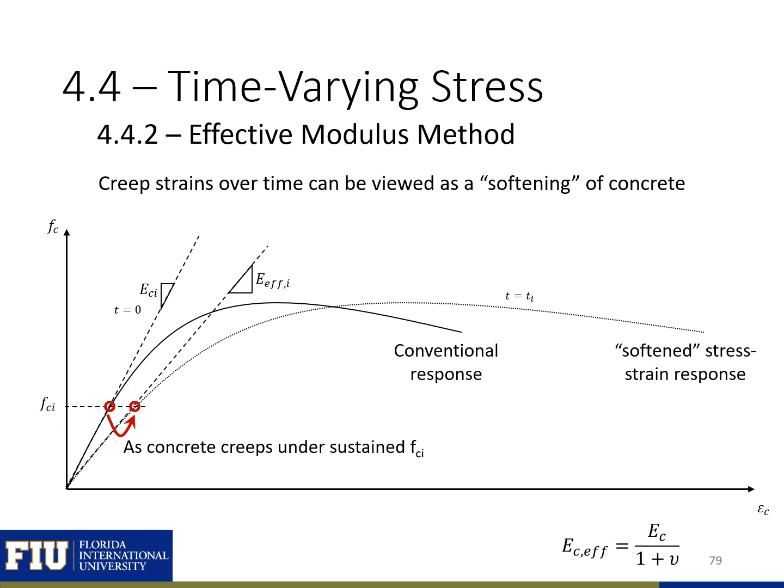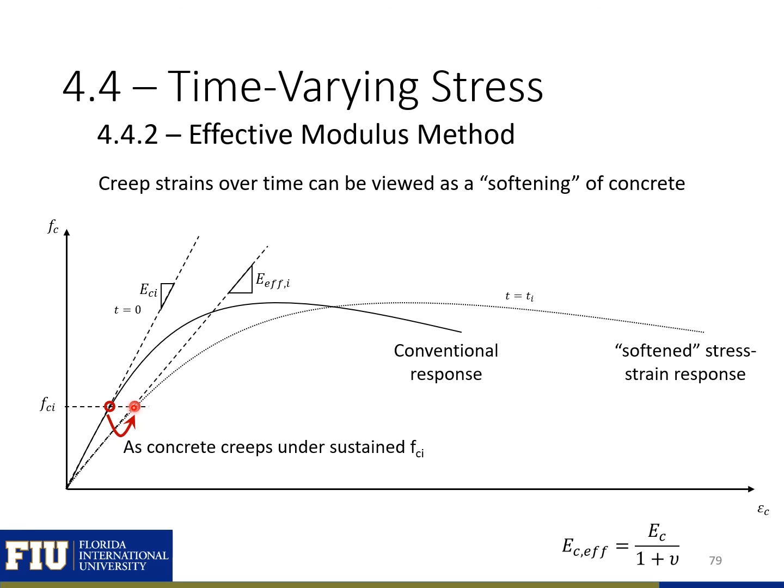We can look at our effective modulus another way using the stress strain curve for concrete. Here we have the conventional stress strain curve shown here. And let's say that we apply a certain amount of stress, FCI, and keep it on our concrete. What will happen is we will increase our strain over time.